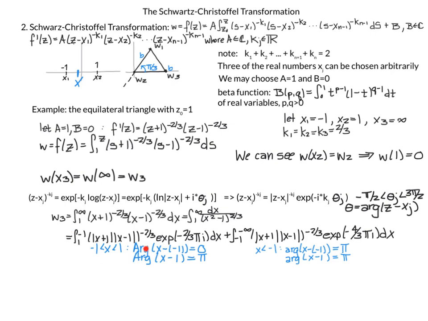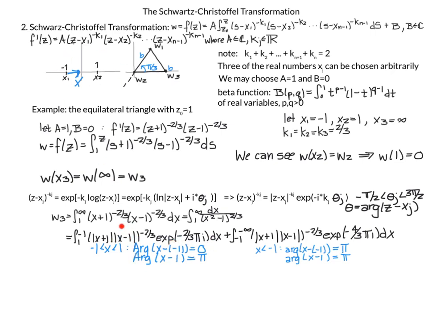Now the argument of this first factor, x plus 1, is equal to x minus -1. We start at -1 and we go towards x. That's the positive direction, the same direction as our curve as we go along the x-axis, so the argument is equal to 0.